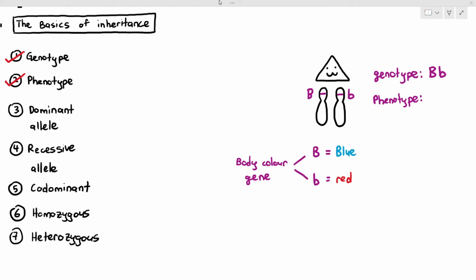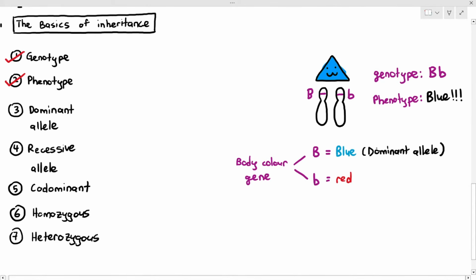Now, based on this example that I've given you, the genotype of this organism is large B, small b, but the phenotype of this organism is actually going to be blue. Now, why is that so? The reason is because the blue allele is the dominant allele.